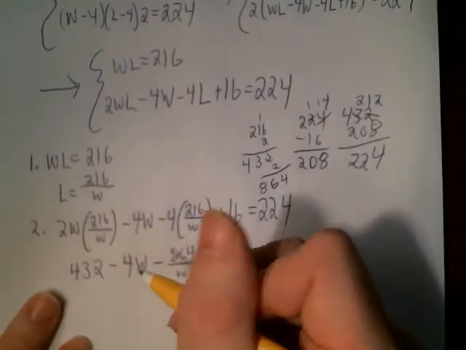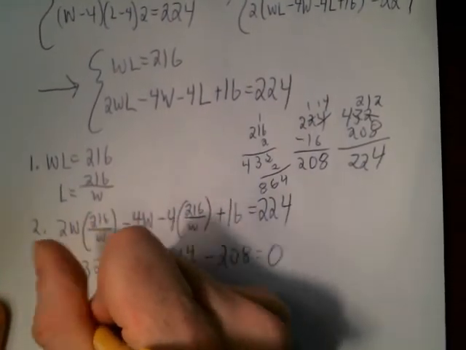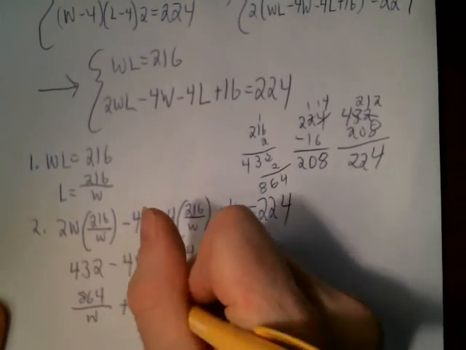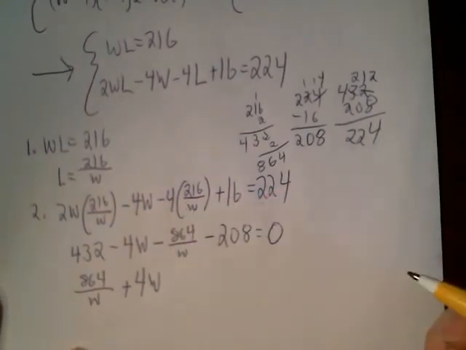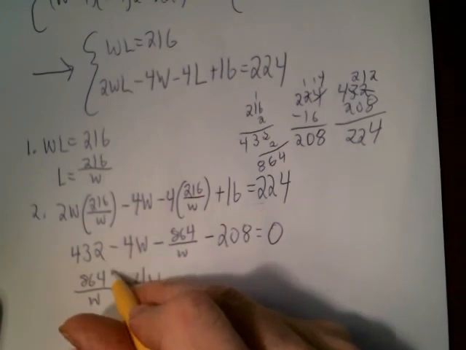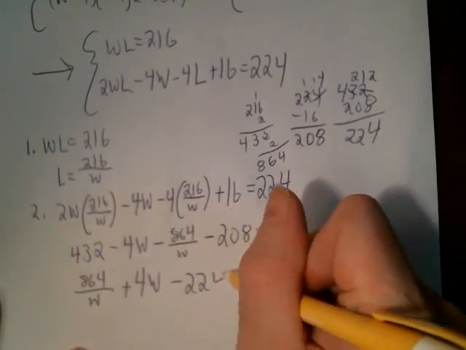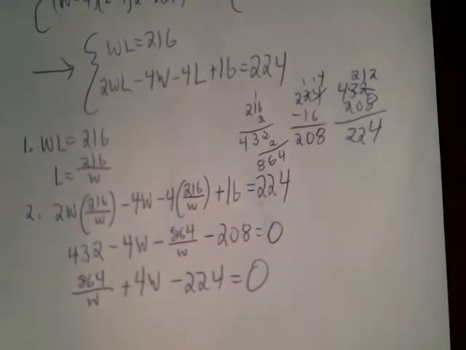So what do I get? 864 over W plus 4W, minus 224 is 0. I'm convinced I made a mistake. I should just get my calculator. No, I'm going to go for it.